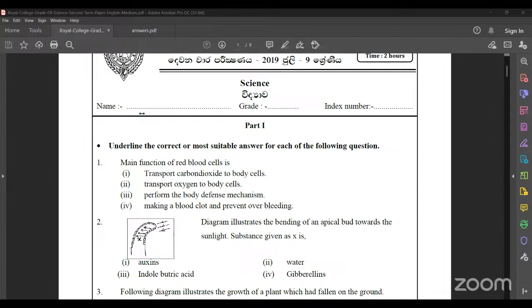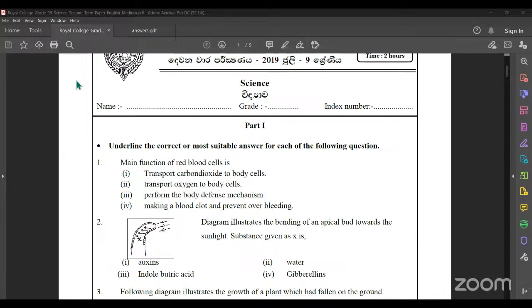So when we inhale oxygen, this oxygen goes and binds with hemoglobin.